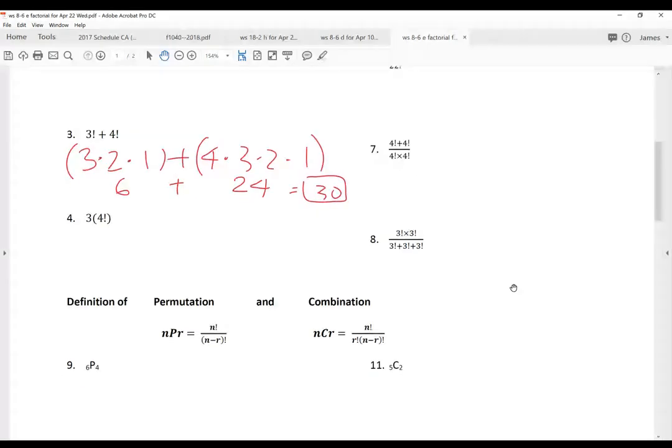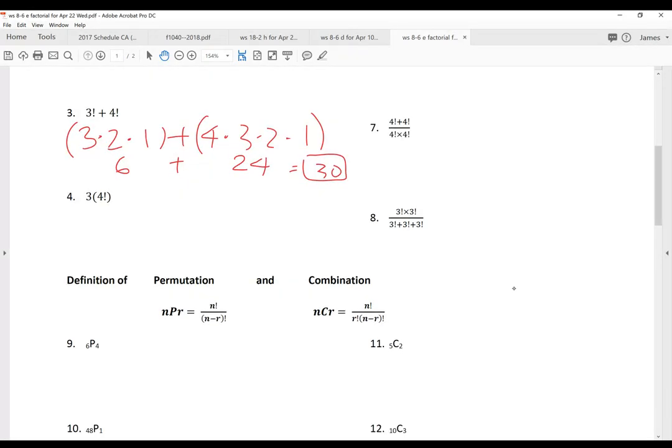Okay, number 8. Every year I get people who don't get it. So you leave the top as 3 factorial. I mean, you could just do 3 times 2 times 1. That's not a big deal, right? But I'm going to leave it. And in the bottom, you have 3 factorial plus 3 factorial plus 3 factorial. That's 3 of the 3 factorial.